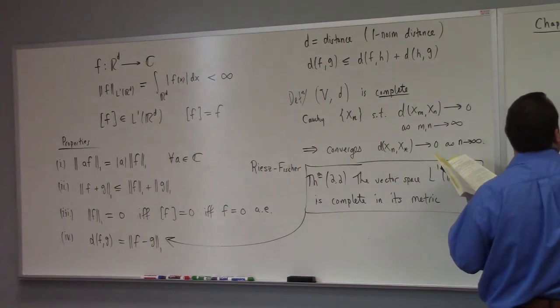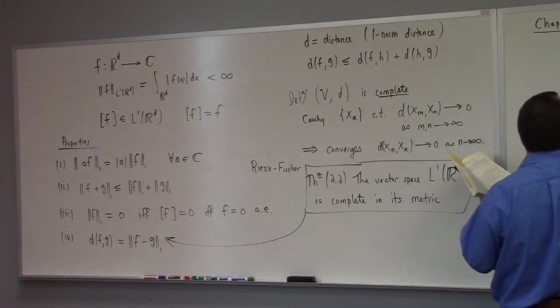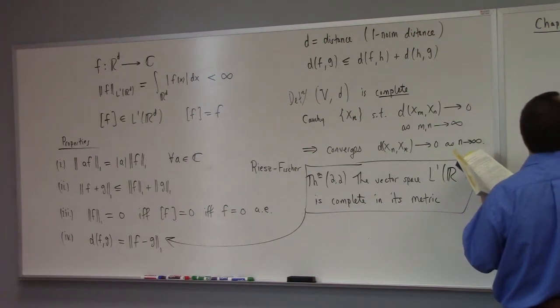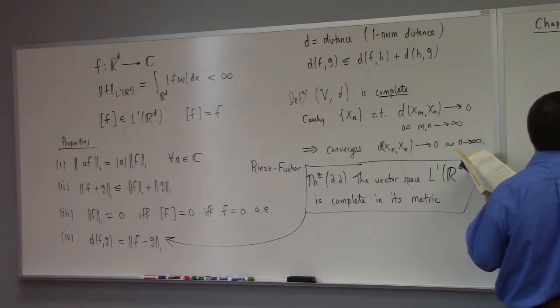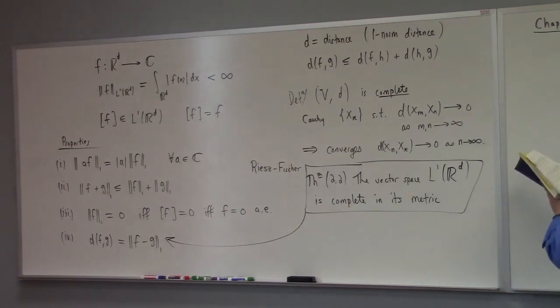In his more obnoxious notation it looks like this, L2 of R^d. This is equal to the square root of the integral, in the Lebesgue sense, of the absolute value of f of x squared dx.